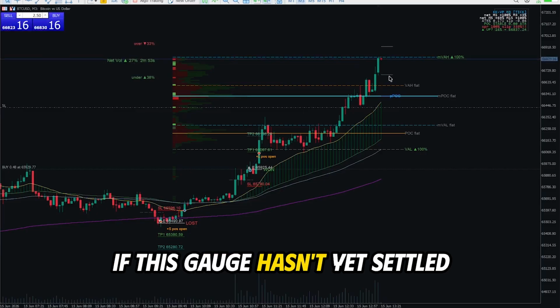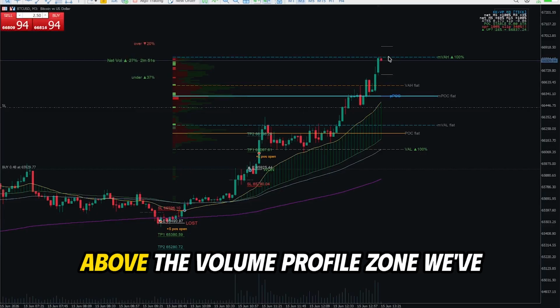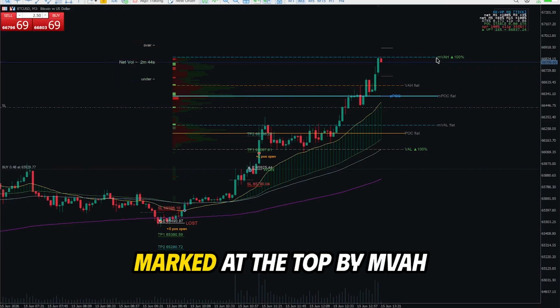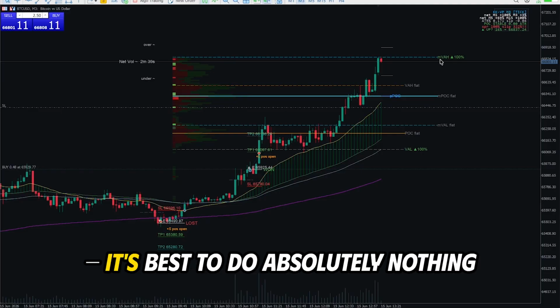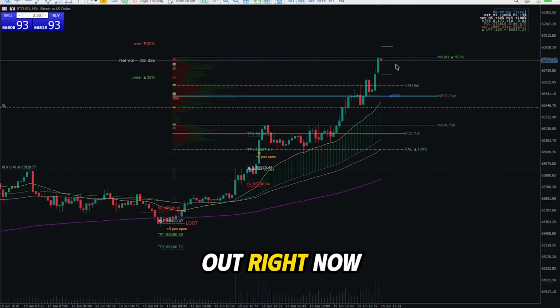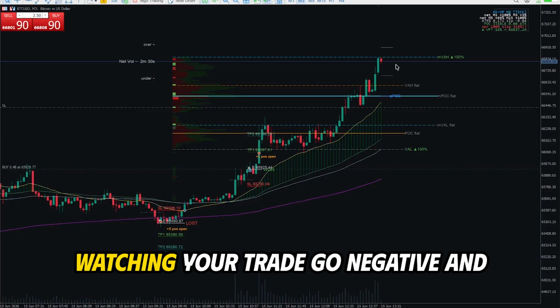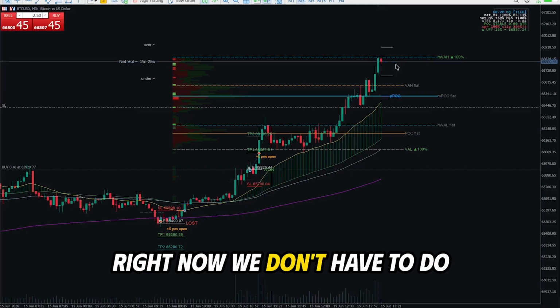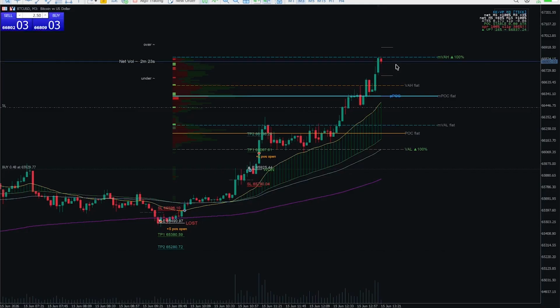If this gauge hasn't yet settled above the volume profile zone, especially the master volume profile marked at the top by NVAH, it's best to do absolutely nothing. As you can see, if you had rushed in earlier, you'd probably be stressed out right now, watching your trade go negative. Right now, we don't have to do anything at all.